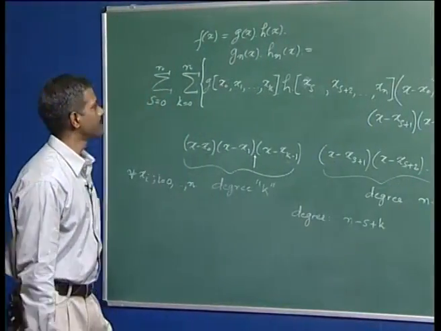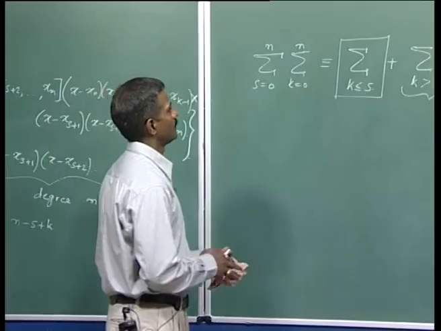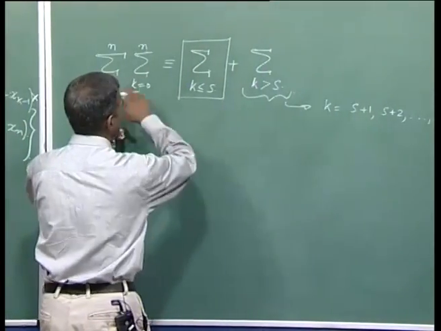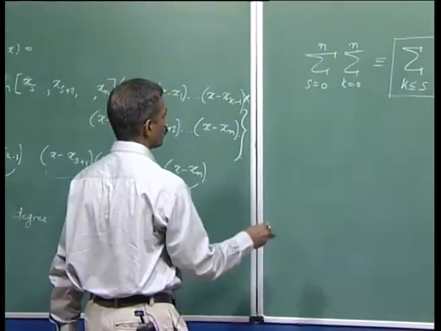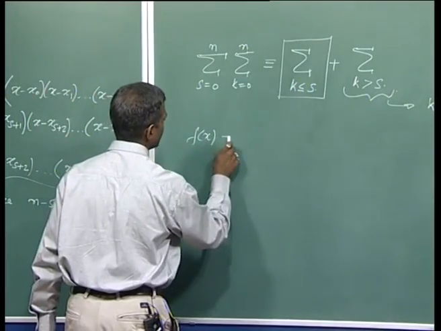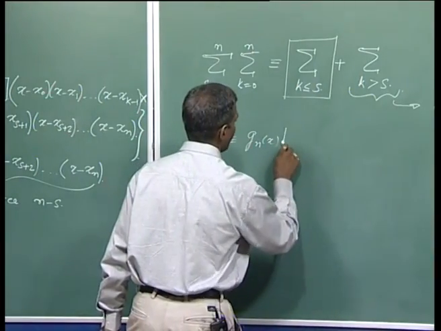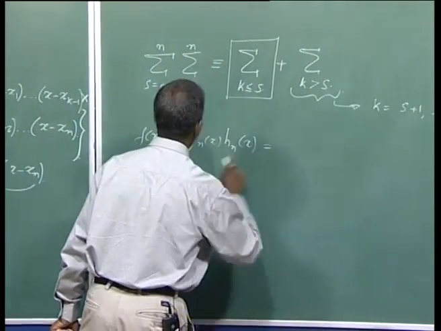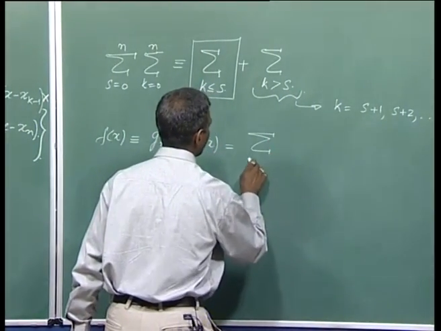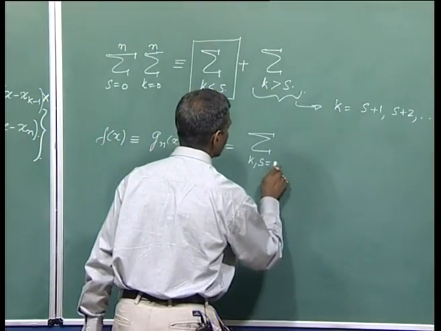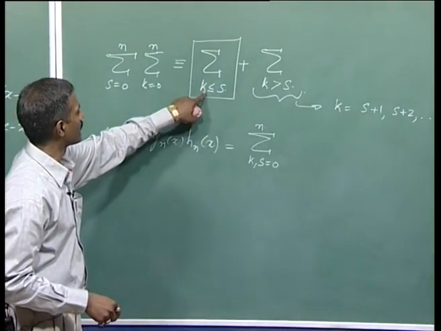All right, so let's get our perspective back. Let me avoid all the confusion and let me rephrase or summarize whatever we have done so far. So f of x, which was being represented as the product of g of x and h of x, will now be written as a summation over k and s, both going from 0 to n, but k has to be smaller than or equal to s.